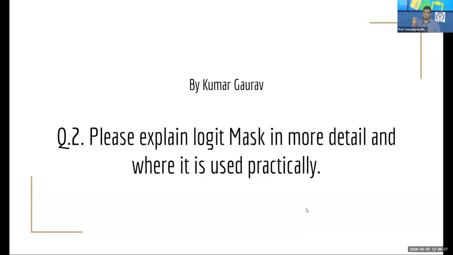That is what the logit mask is doing. It's constrained decoding. So you have certain rules, for example JSON, regular expressions, phone numbers, dates, so many things you can have.